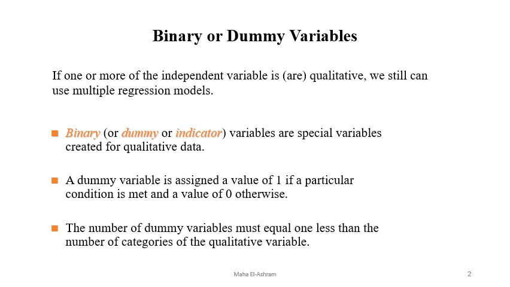And the number of dummy variables that you introduce in any multiple regression model will be equal to the number of categories of the categorical variable that is present in the data, minus 1.